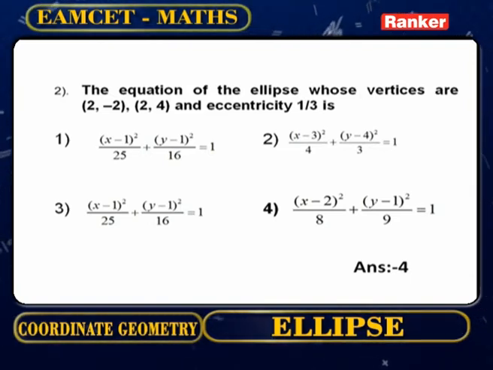The equation of the ellipse whose vertices are 2, minus 2 and 2, 4, and eccentricity 1 by 3. Now observe the given points.